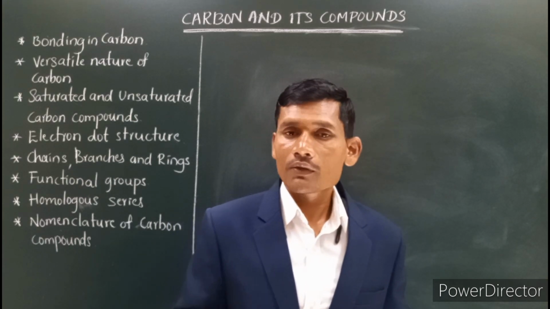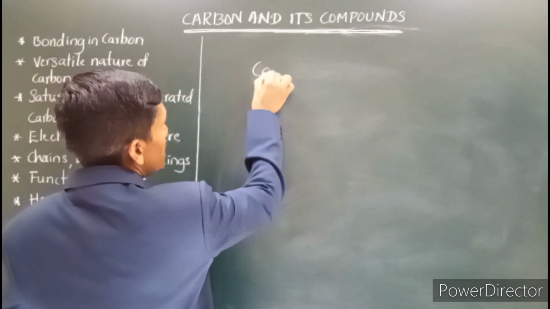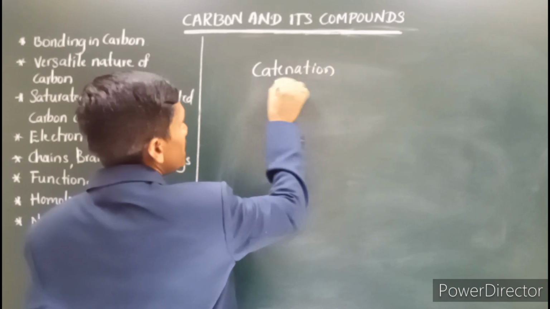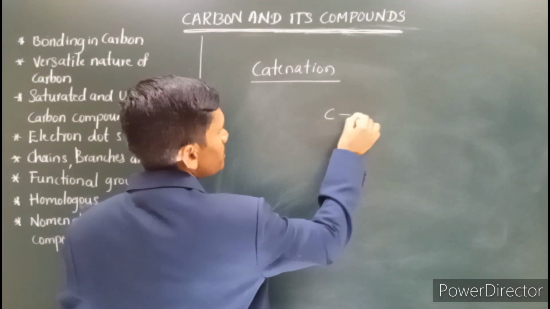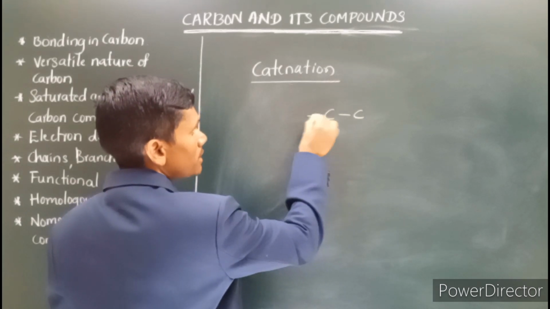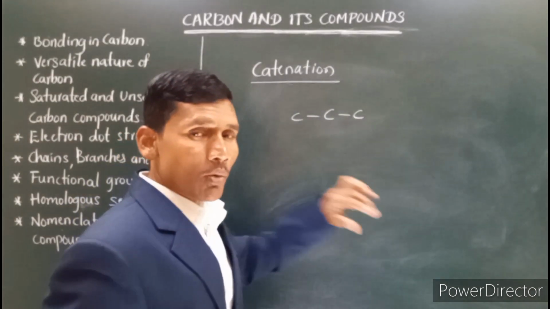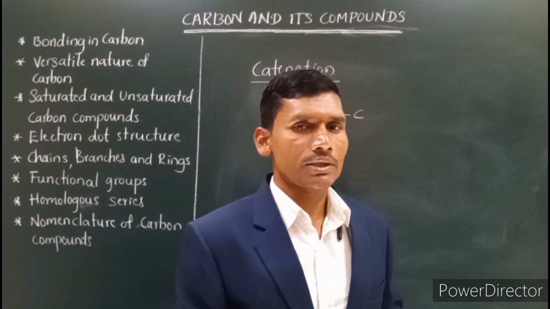That is nothing but, first, catenation. What is catenation then? Carbon has the unique ability to form bonds with other carbon atoms. One carbon atom can form bonds with other carbon atoms. This property of carbon is called catenation.